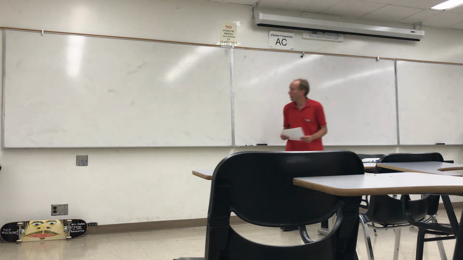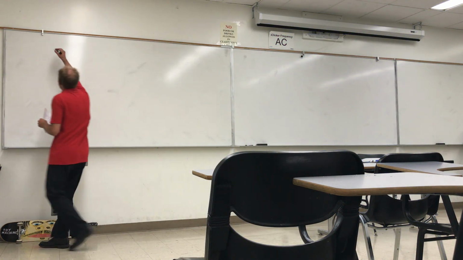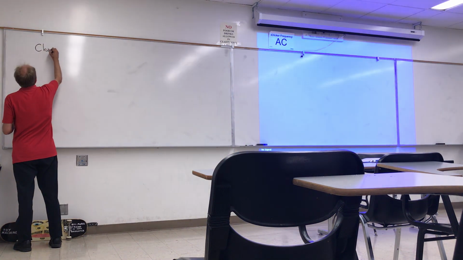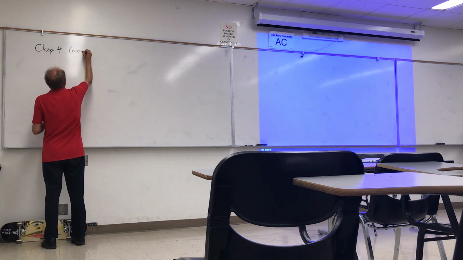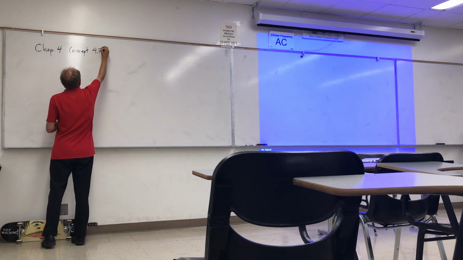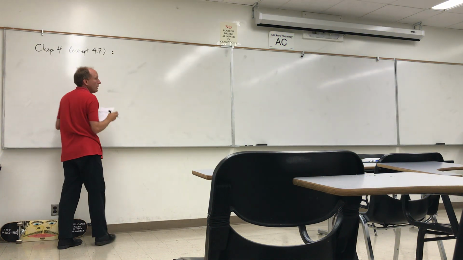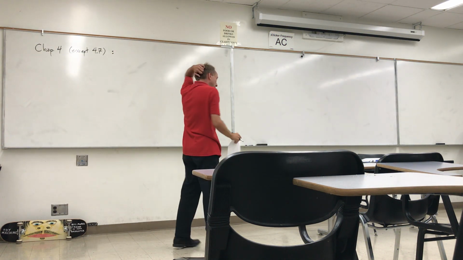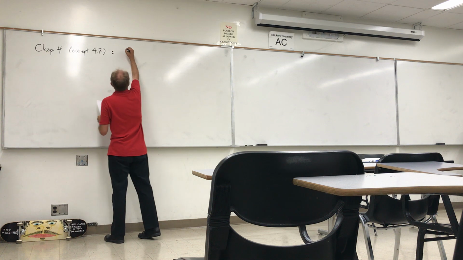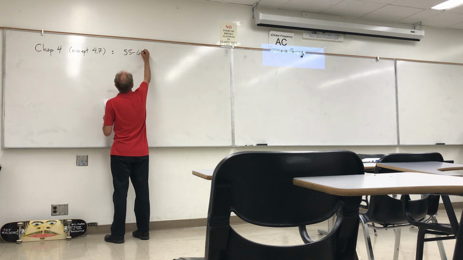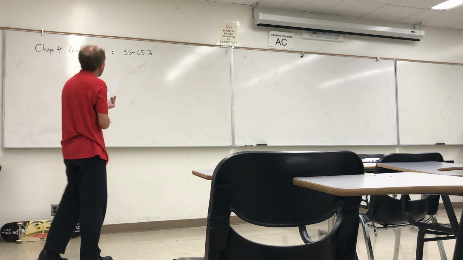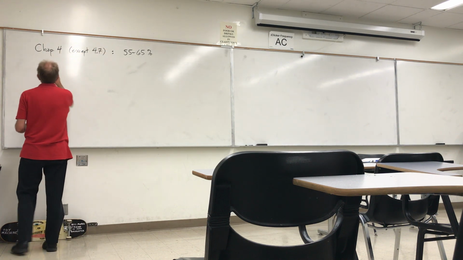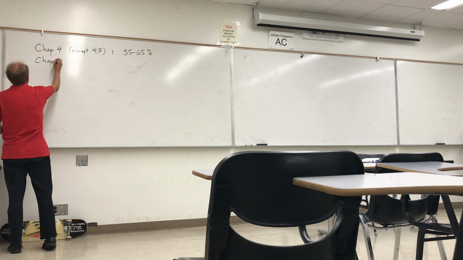So in terms of the exam, we've got, of course, Chapter 4, except for 4.7. And that's going to be the bulk of the exam. It's a big chunk of it. I have not written the test yet, so I can't give you any exact percentages, but I would say somewhere 55 to 65% of the test is what I'm expecting it would be.